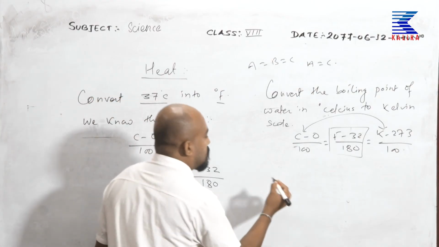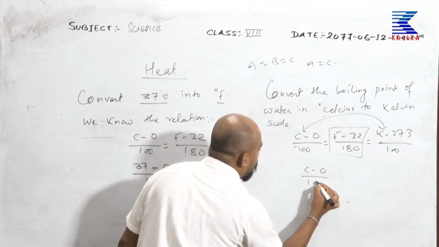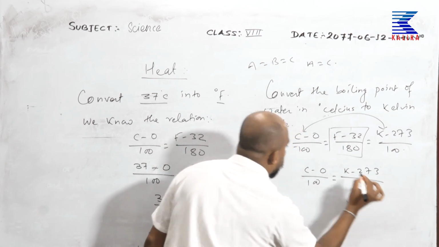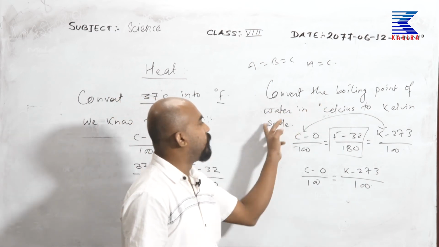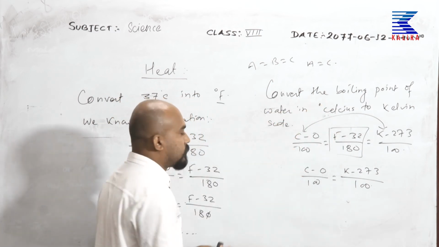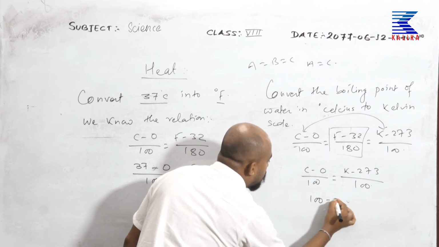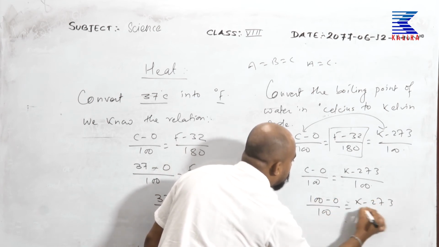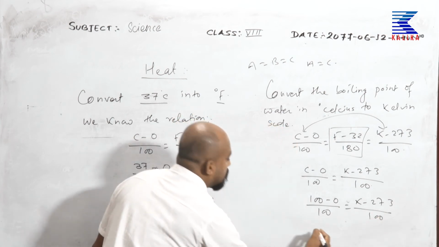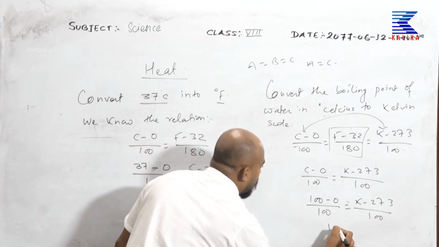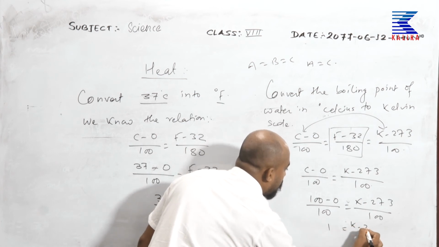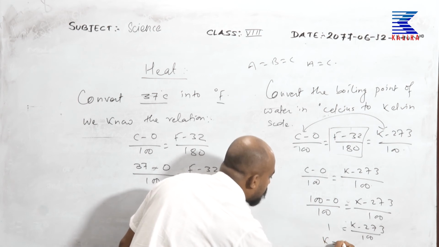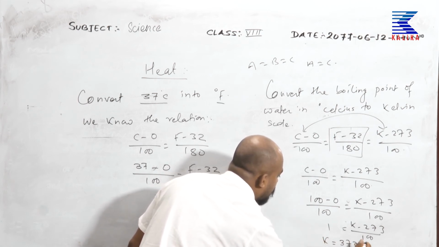Then C minus 0 by 100 equal to K minus 273 by 100, and the boiling point of water is 100 degrees Celsius. So, put here 100 minus 0 by 100 equal to K minus 273 by 100. This is 100 by 100, which means 1 equal to K minus 273 by 100. Do crisscross, then you will get the answer K equal to 373 Kelvin.